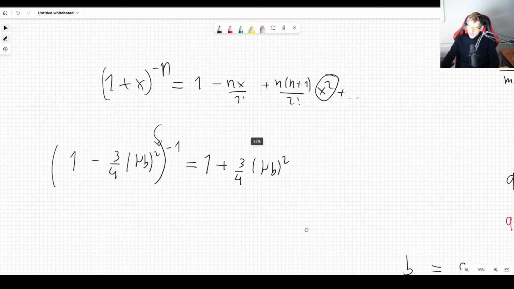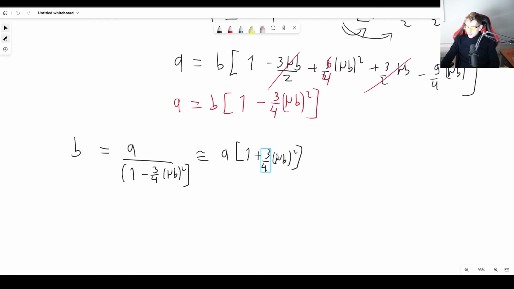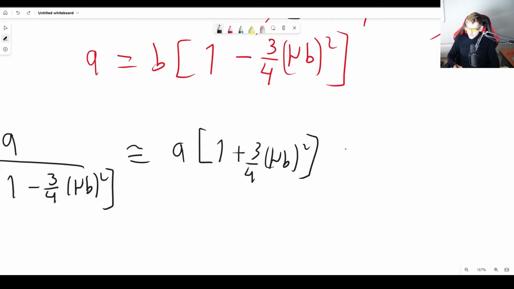So this is already a good approximation. So this is approximately a times 1 plus 3 over 4 mu b squared.